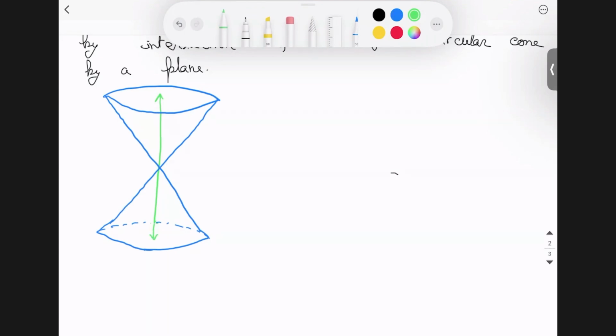Fine. Okay. Now suppose beta equals 90 degrees. 90 degrees means that the axis and the plane should be perpendicular. Like the axis should be perpendicular to the plane. In that case, the plane should be like this.